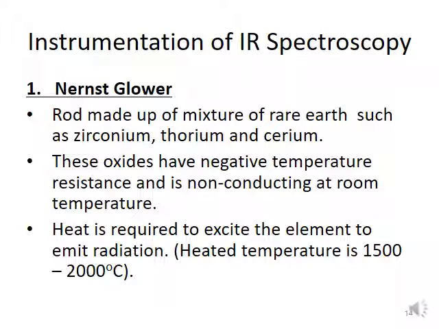That is very important so that it will not affect the formation or the radiation of the infrared produced. Heat is required to excite the element to emit radiation, so basically they use a temperature around 1500 until 2000 degrees Celsius.